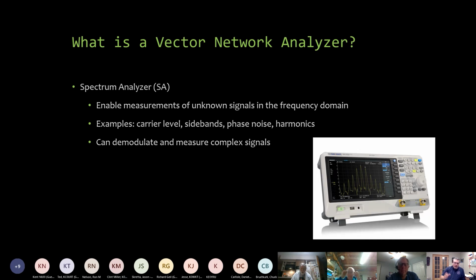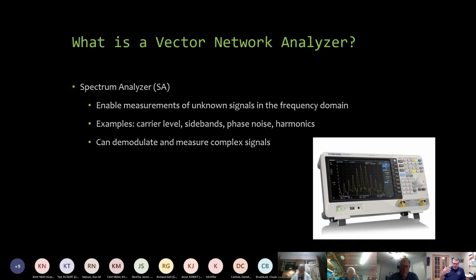So we'll step back and talk about a spectrum analyzer, an SA. This allows us to measure unknown signals in the frequency domain. We can look at things like harmonics and phase noise and sidebands and actually get a visual representation of the signal that's out there. Fantastically useful instrument.